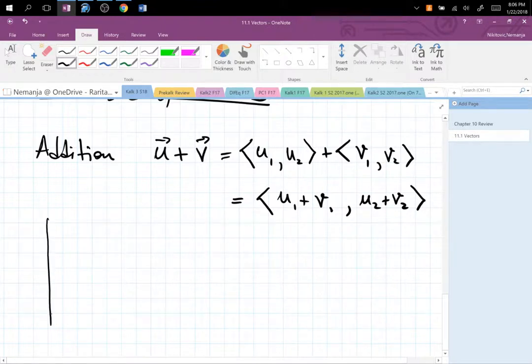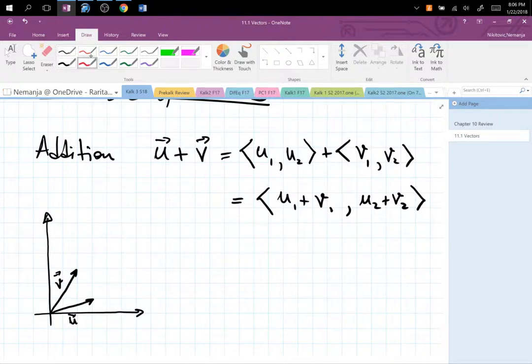Graphically, if you have a vector u and you have a vector v, you will move vector v because they are free to move in space. So vector v is ⟨2, 3⟩.